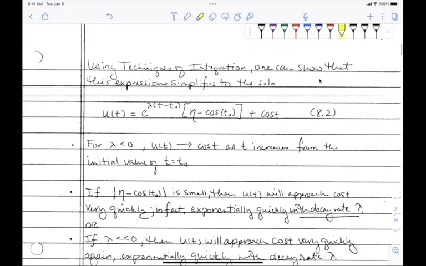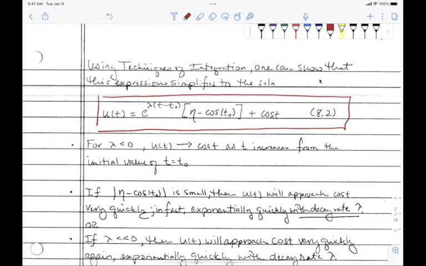There's some integration to do, and I won't go through any of that. I'll just say this is the solution of that initial value problem for any choice of t0 and eta like we saw earlier. So now I want to focus on a particular case.